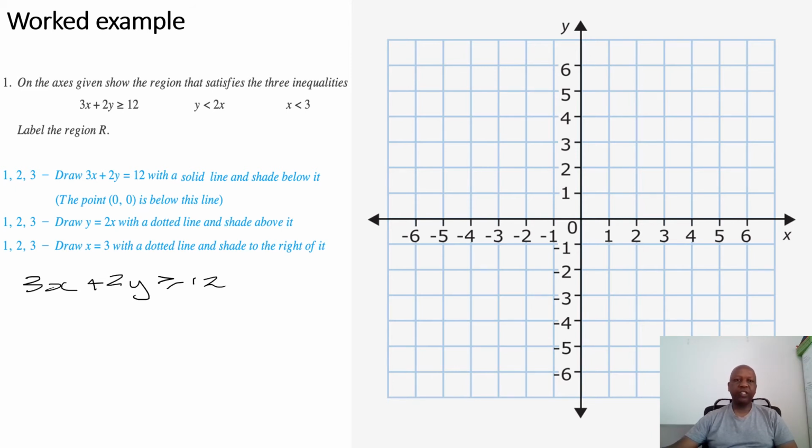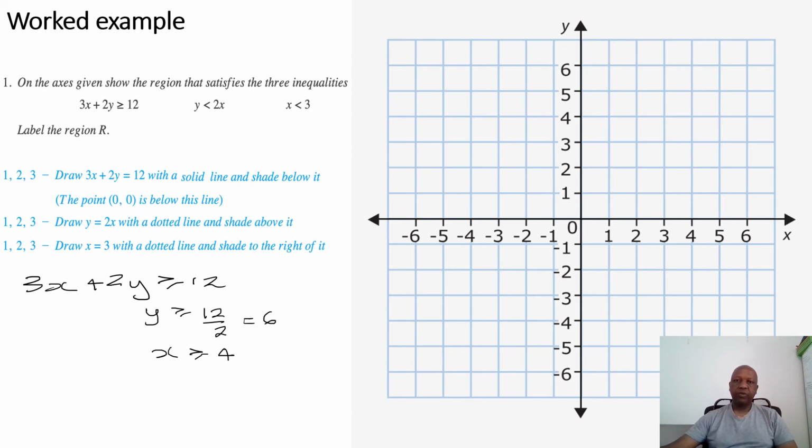If I set x to be equals to 0, I'm going to get y is equals to 12 divided by 2, which is positive 6. If I set y is equals to 0, I'm going to get x is equals to 4, because it's going to be 12 divided by 3.